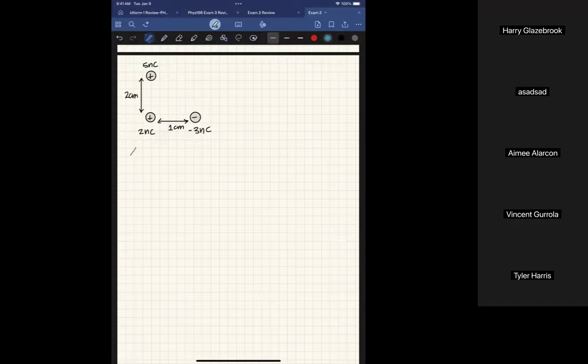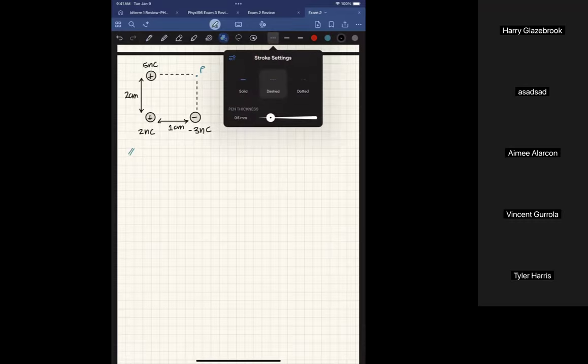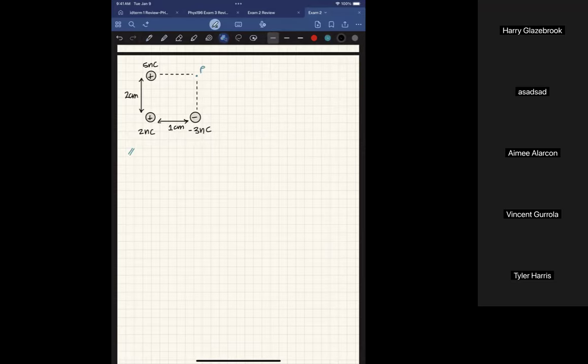And the first question they might ask is, let's call this our point of interest, point P. What is the electric potential at point P?